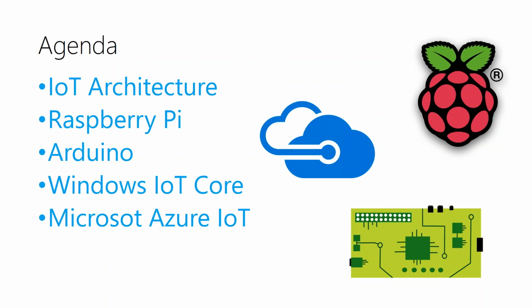I know that for building industrial IoT there are many other platforms and frameworks you would use, but for getting started with IoT, Raspberry Pi and Arduino provide a good stepping stone with a low barrier to entry. Then we'll touch on Windows IoT Core, the version of Windows 10 built specifically for powering IoT devices. You can use this along with something like Raspberry Pi, or there's other hardware as well.